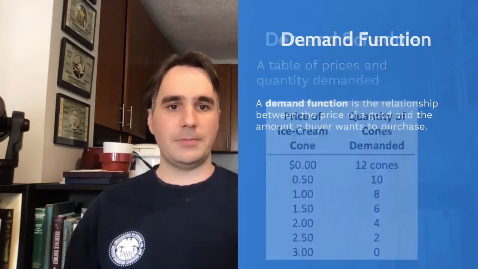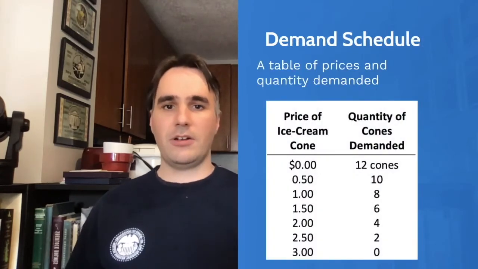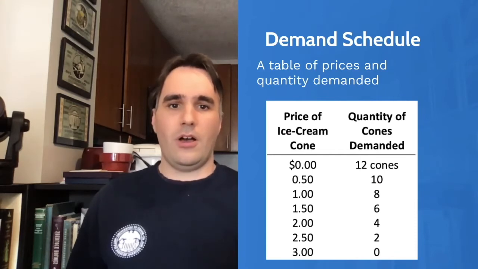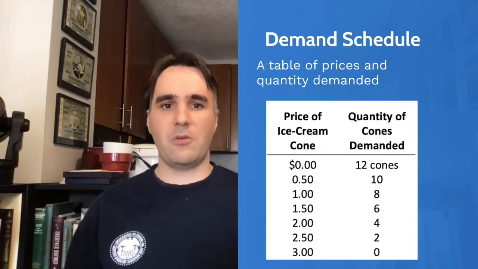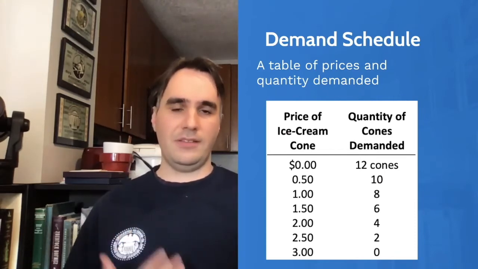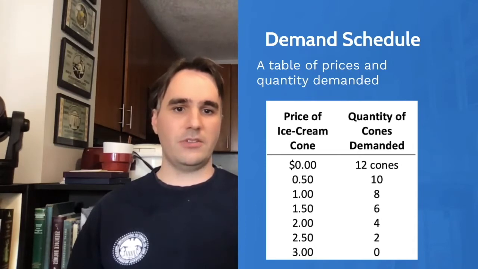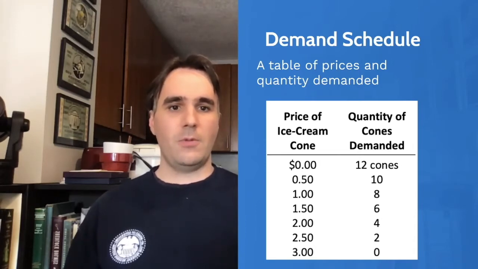And so, okay, demand functions are given to us in two ways. One is the demand schedule. All it is is a table of prices and quantities. So here in the schedule, in our left-hand column, we have a price of ice cream cone ranging from $0 to $3. And then we have the quantity that the buyer would like to purchase in cones.